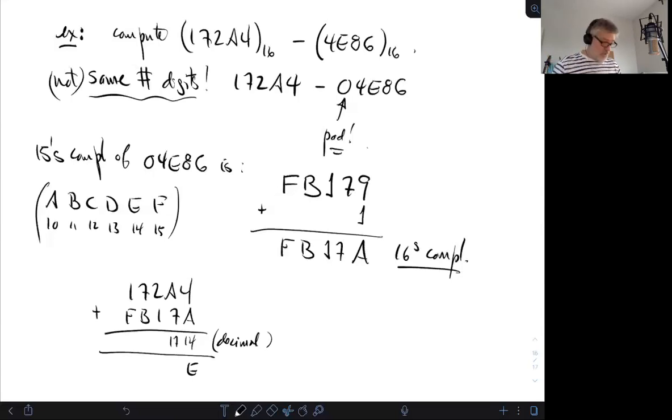So that's 16 plus 1. So that's 1 and a carry of 1. This is 4, which is just 4. B is 11. So this is 18. So that's 16 plus 2. So that's 2 and a carry of 1. This is 15, 16, 17, which is 1 and a carry of 1.